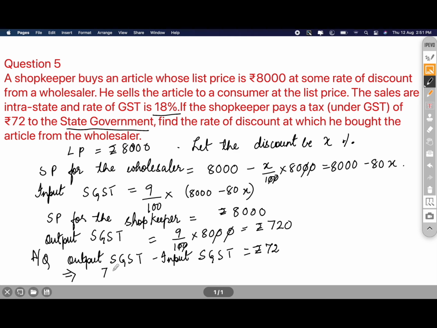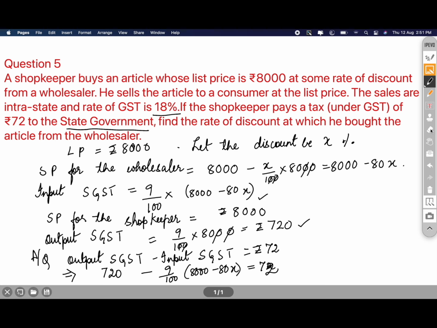So output SGST we have already calculated as 720 and input SGST we have calculated as 9% of 8000 minus 80x. So this is the equation in x. If we solve, we will get the value of x. This is 72. So let us simplify now.